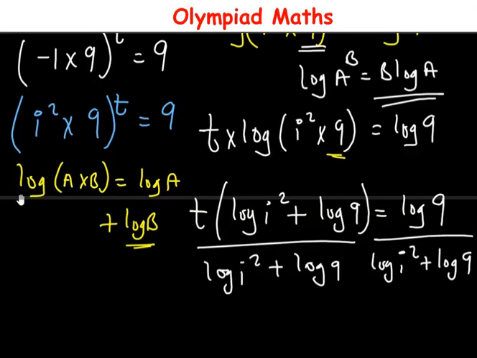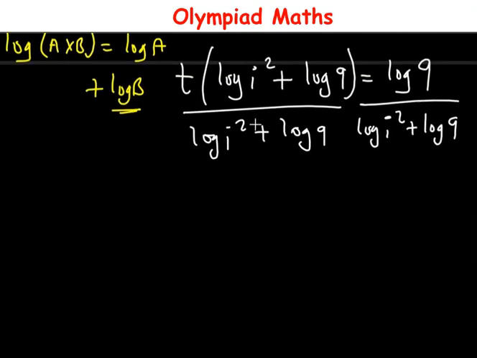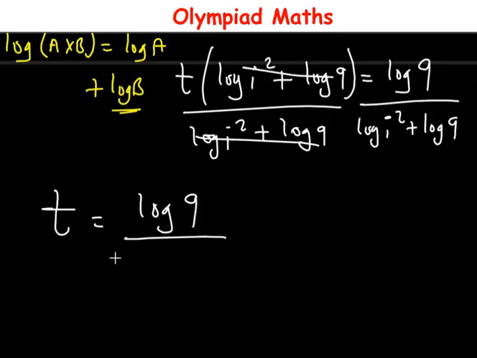So what you're going to have as the value of t is, this cancels this, so t is equal to log of 9 all over log of i squared plus log 9.